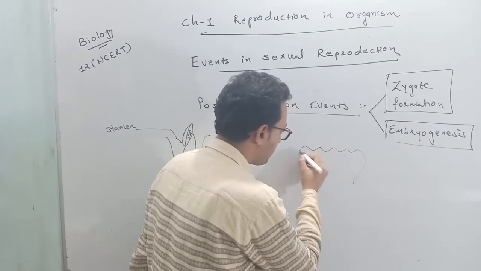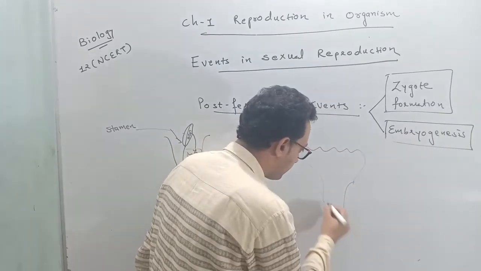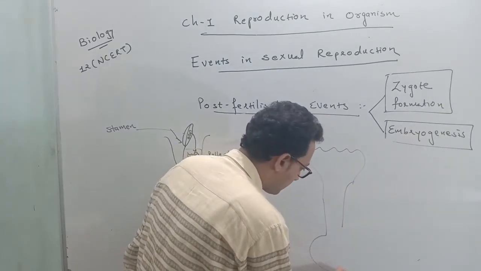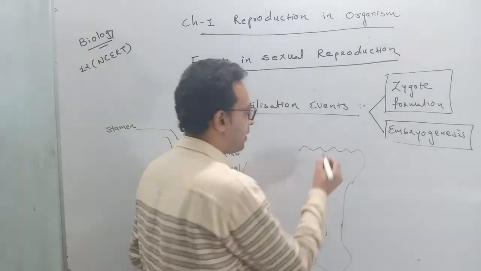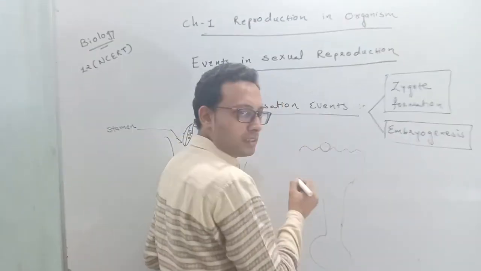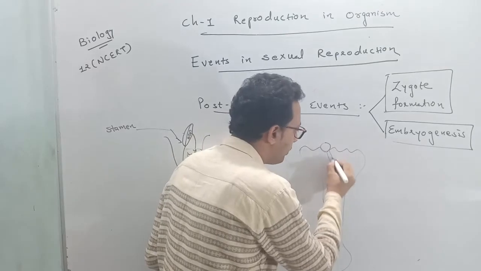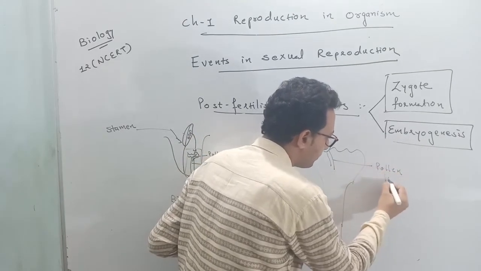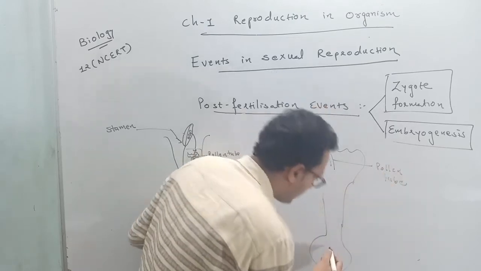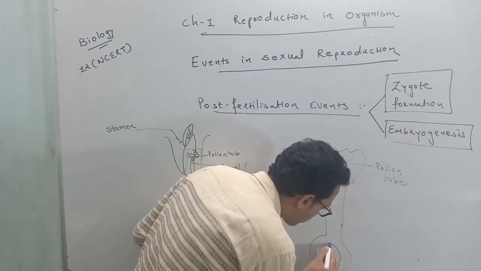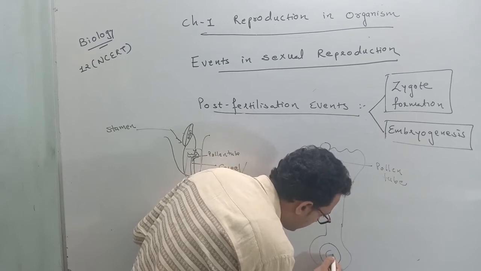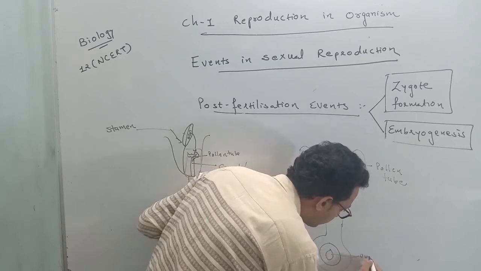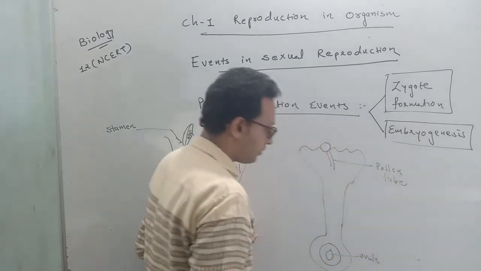Enlarging this part, this is the carpel or pistil. These are the different parts. Once the pollen grain falls over here, there is a development of a pollen tube. This is the pollen tube. The ovary contains the ovule.